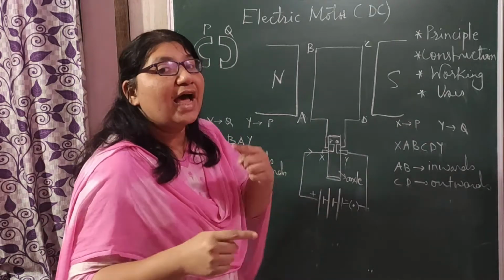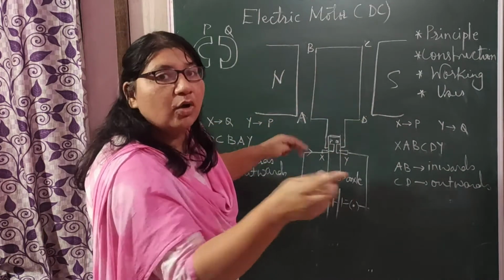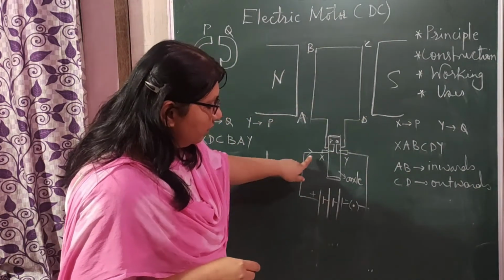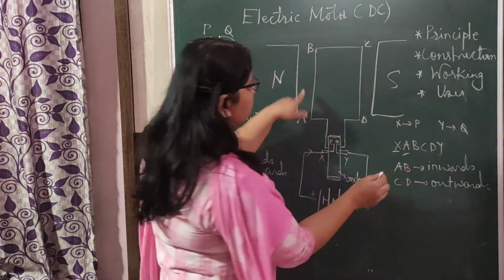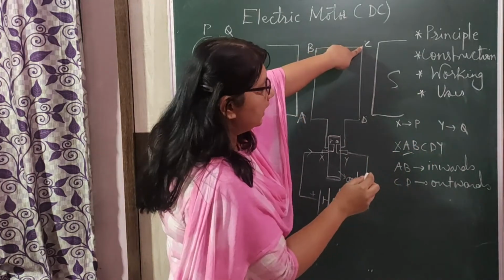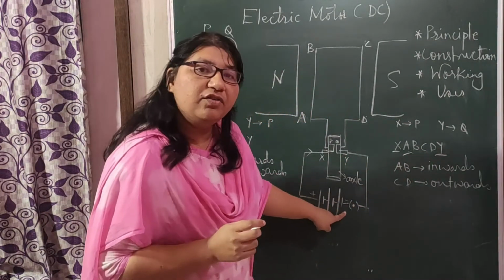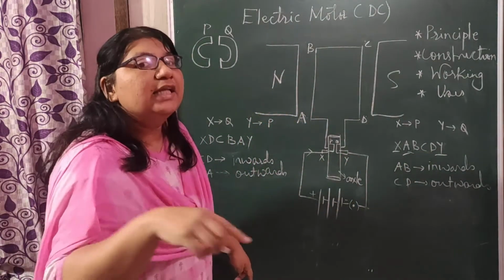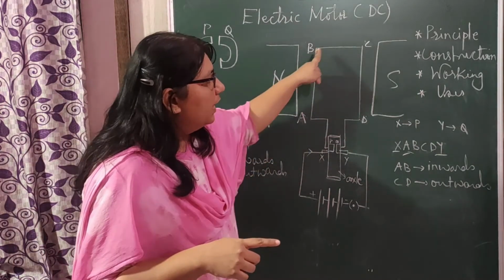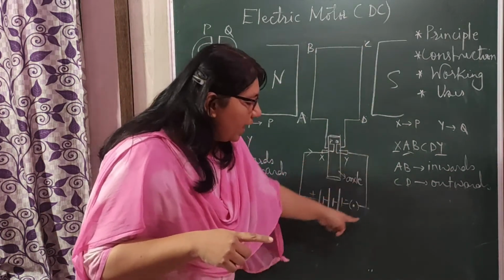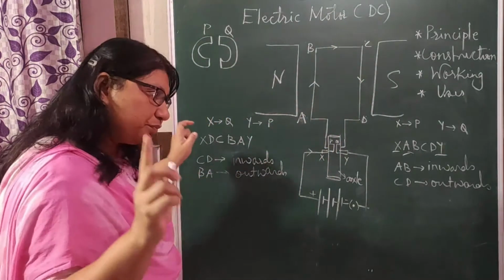So initially the direction of current in this circuit would be from positive end to X, then to A, then to B, then C, then D, and back to Y, and ultimately to the negative terminal of the battery. See the direction of current. Positive end to X, A, B, C, D, Y, and then negative terminal. So I can say that the current is flowing like this. Very good.